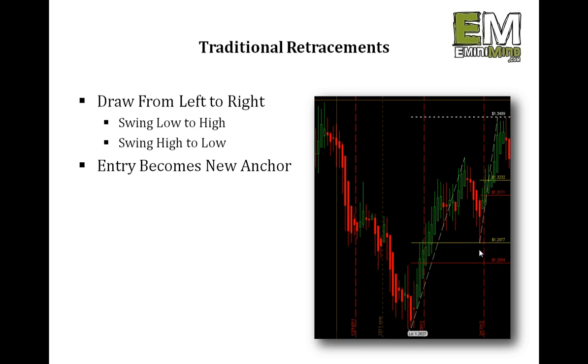And we do that by pulling, instead of pulling from that same low, once we come up, pull back, and then trade up to our target, we're going to be drawing from that entry up to our target, or whatever these highs happen to be, and that gives us the next 50% retracement in the trend. And we continue to do this until that 61.8 is broken.